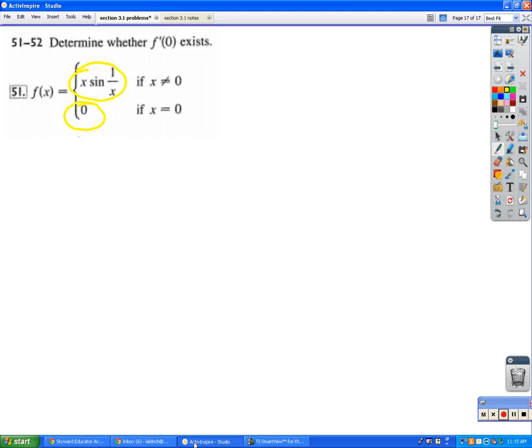We have to say x does not equal 0 right here because I can't substitute 0 in there, right? So what we're really figuring out is, is this continuous at that point or not? And if it is, then we have to figure out the left and right hand slopes to see if they're the same. But if it's not, then we know we're dead right to start with, okay?